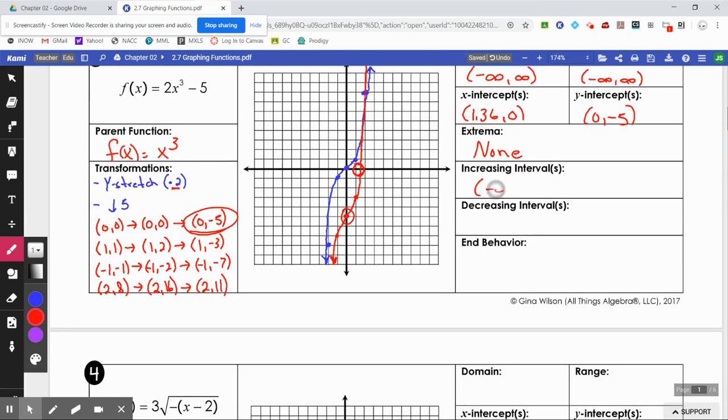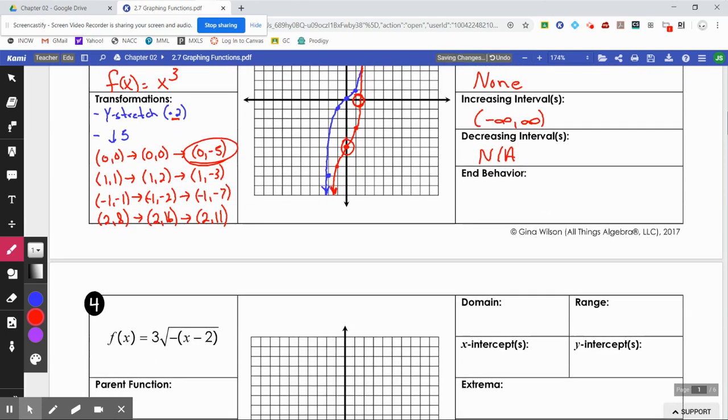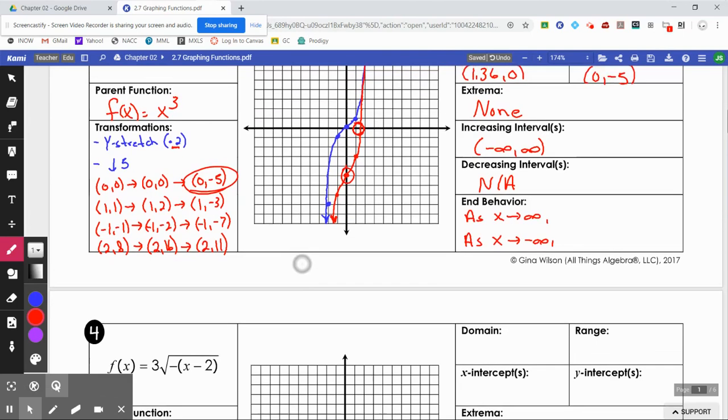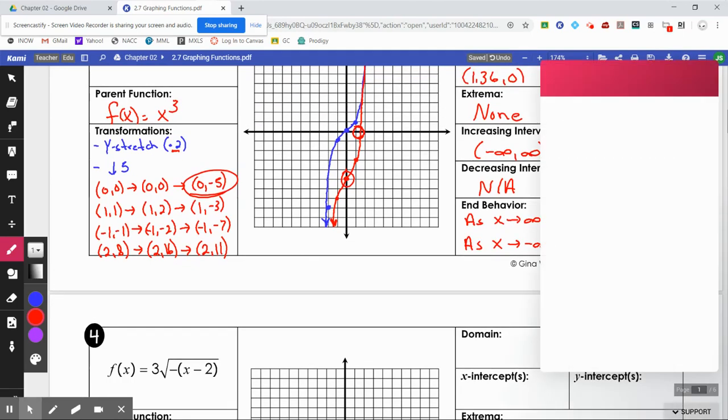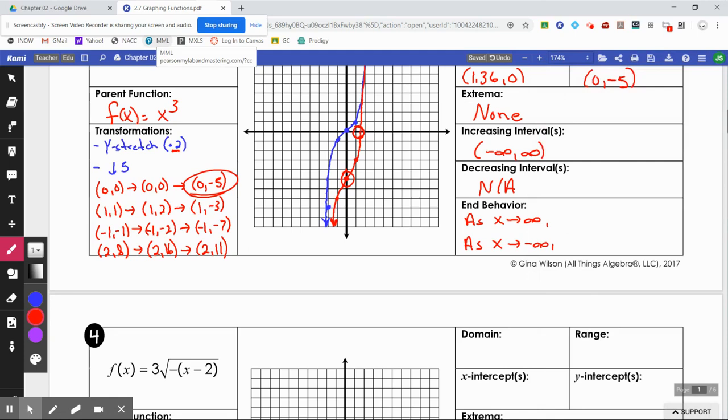It never goes downhill, so we'll say it's increasing everywhere and decreasing not applicable. End behavior, as x approaches infinity, or as we go to the right, y is going up, and as we go to the left, my graph is going to negative infinity, down.